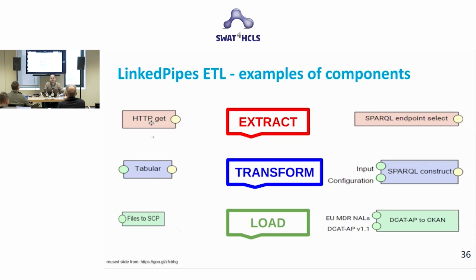So this is one way of extracting data, getting a file from the internet. Another one of them, for example, SPARQL endpoint select. This one will query an external SPARQL endpoint like Kimball, for example, and it will get the data back from it, either as a graph or as a table. So those are ways of extracting data from somewhere.